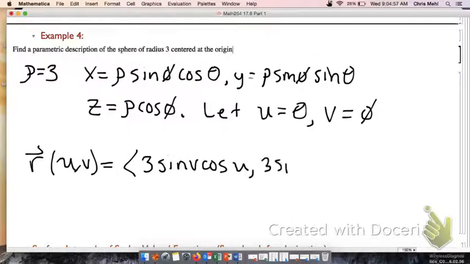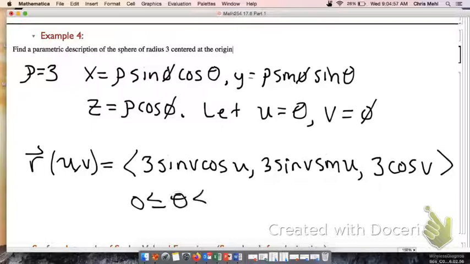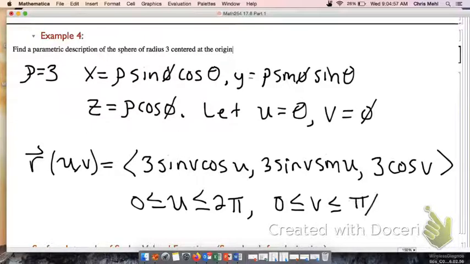Y would be 3 sine v sine u, and the z coordinate would be 3 cosine v. Theta goes from 0 to 2 pi, and sorry, not theta, remember theta is now u, so u goes from 0 to 2 pi, and v, which is phi, goes from 0 to pi over 2.